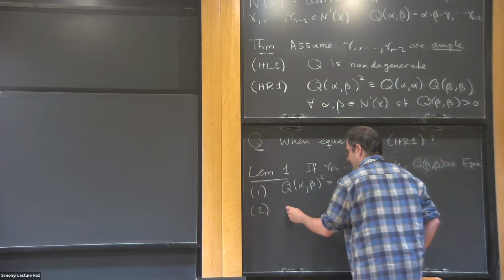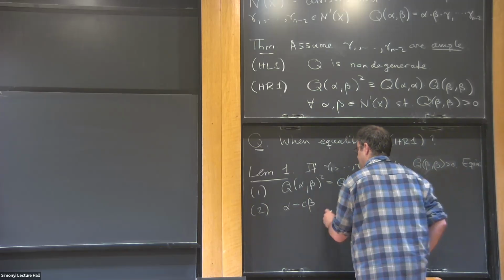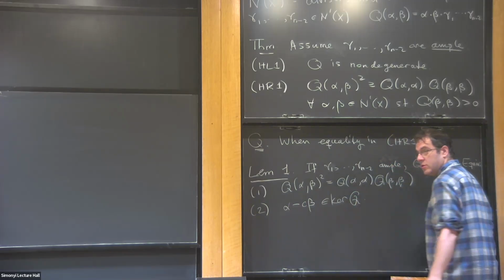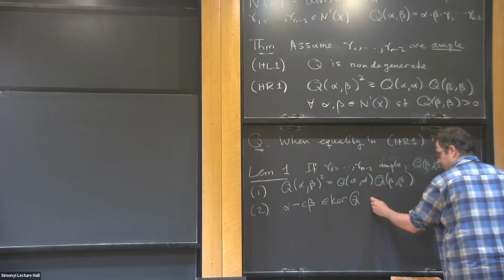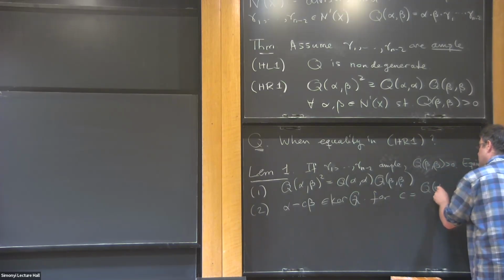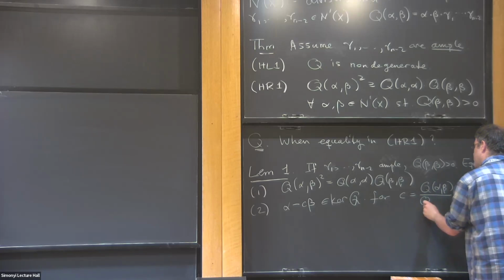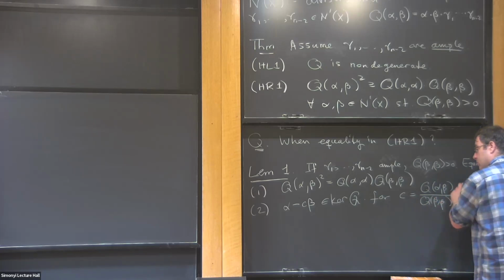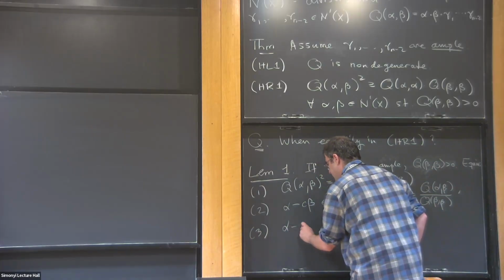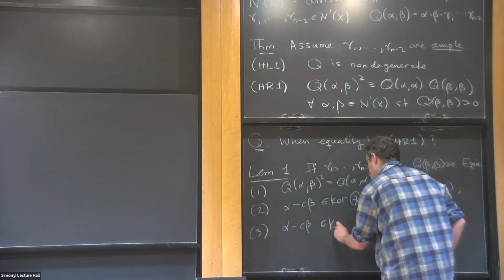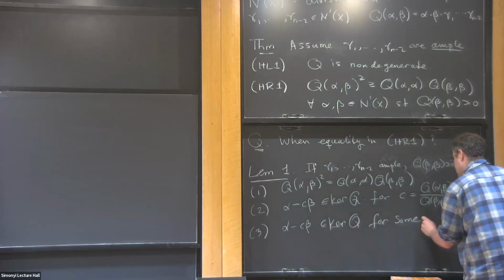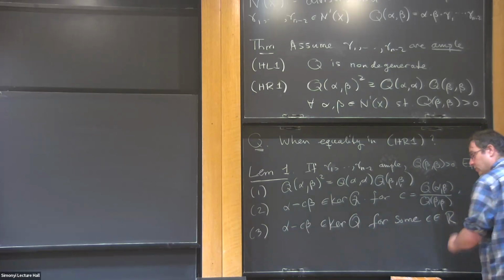Secondly, we have that alpha minus some constant times beta is in the kernel of this quadratic form Q. Just to spell it out, for some specific C, this C is the number Q alpha beta divided by Q beta beta. And the third equivalent condition is that alpha minus C beta is in the kernel of this quadratic form for some C.